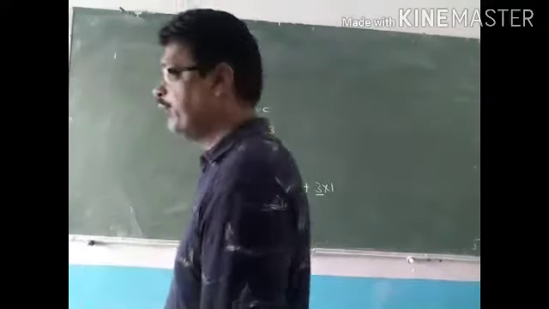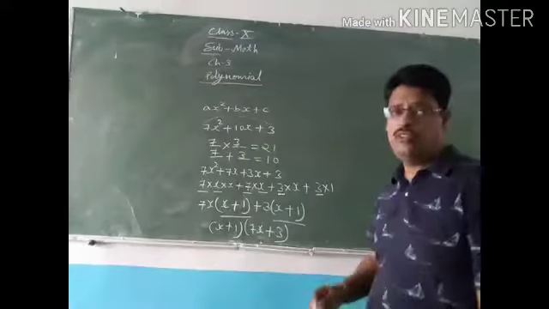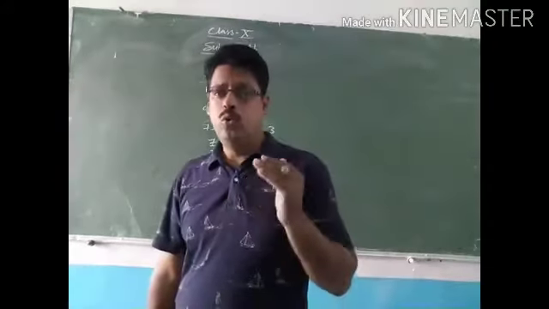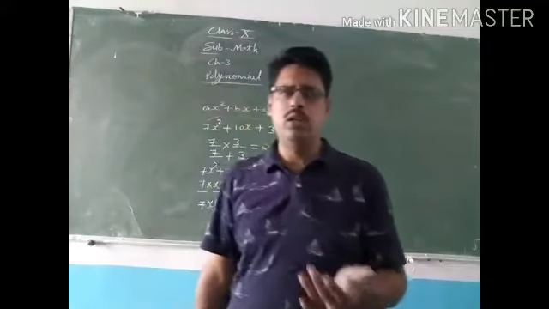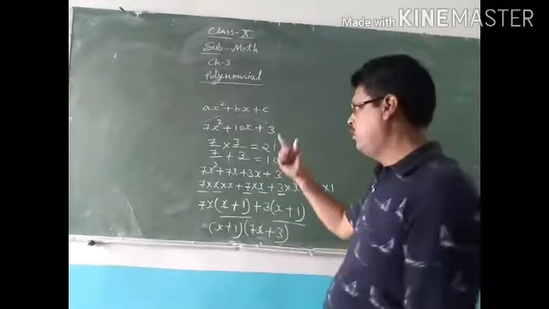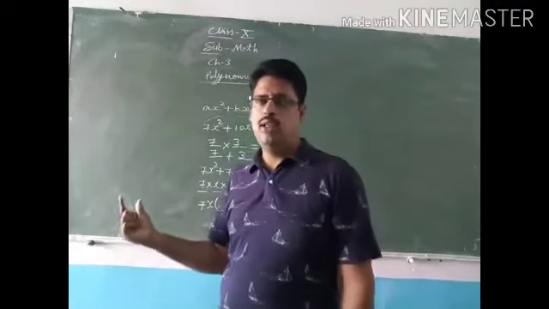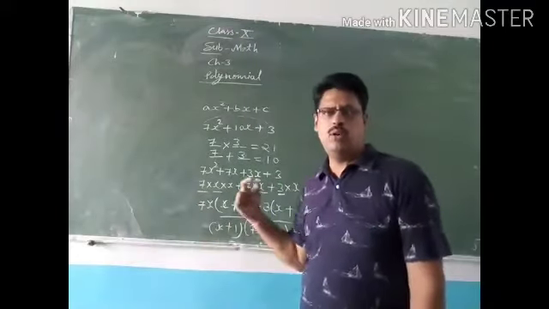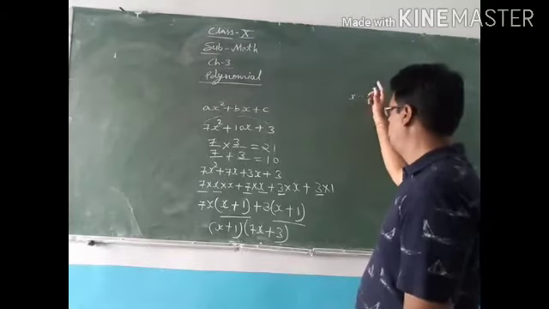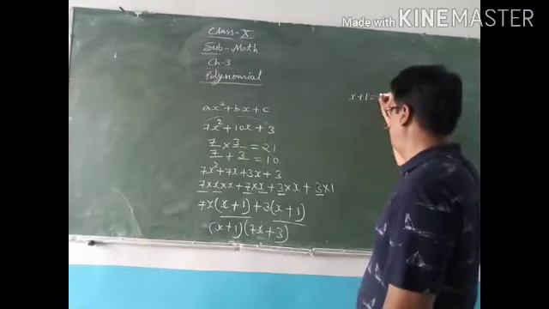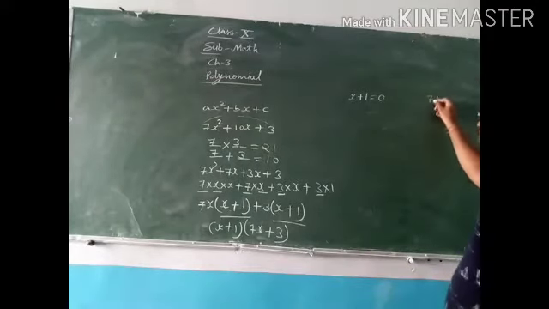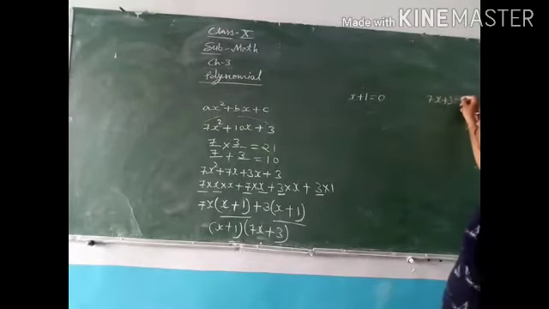Understood everybody? So now we will have to find the zeros, and I hope I had told you that to find the zeros we have to put the factors equal to 0. Okay, if we want to find its zeros, then what do we have to do? We have to put the factors equal to zero. So let me put x plus 1, this first factor, equal to 0, and 7x plus 3 equal to 0.